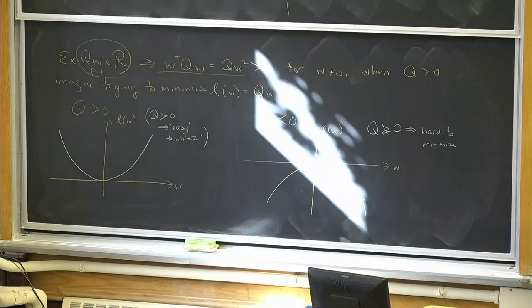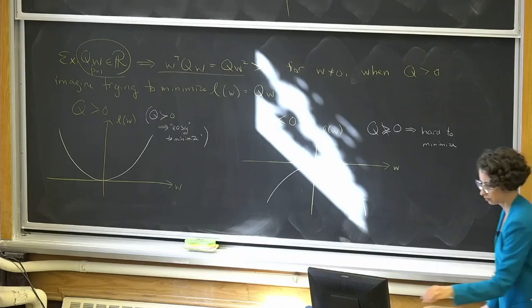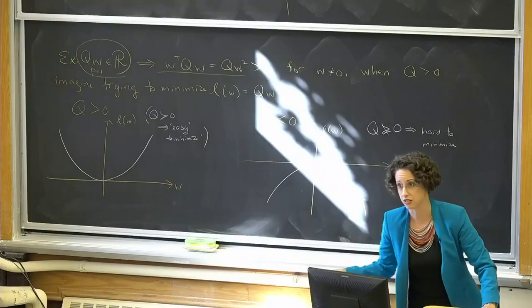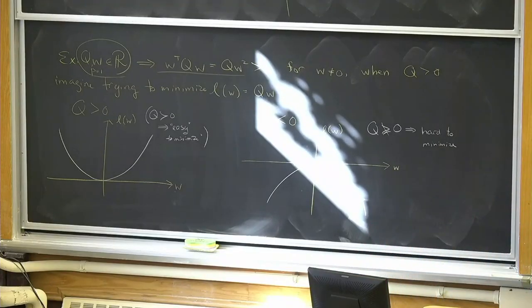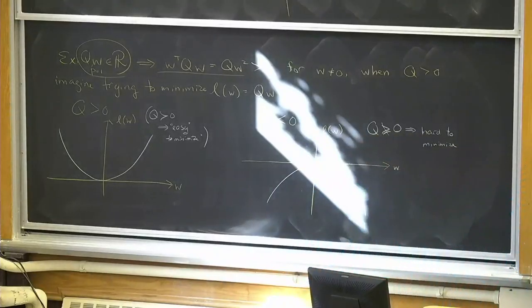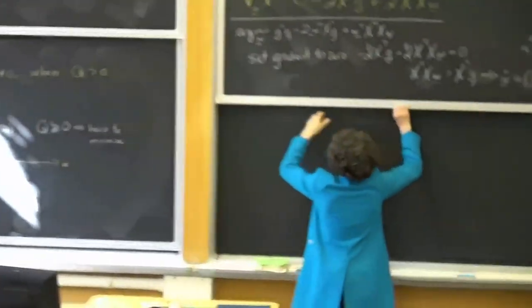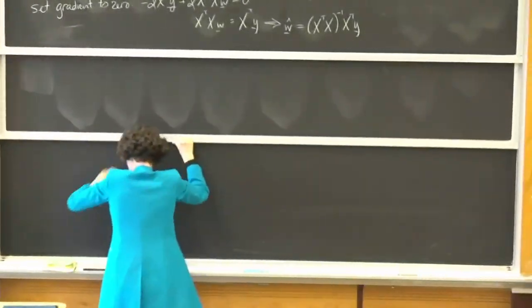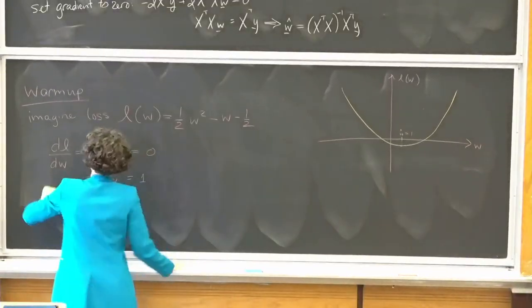Okay, so this notion of positive definiteness is related to our ability to minimize different functions, at least using the different techniques that we've been describing so far. All right, so now let's move to higher dimensions and see how these ideas manifest there.